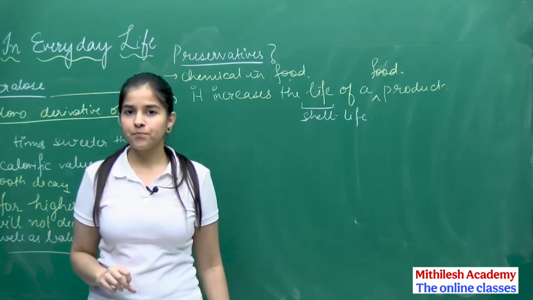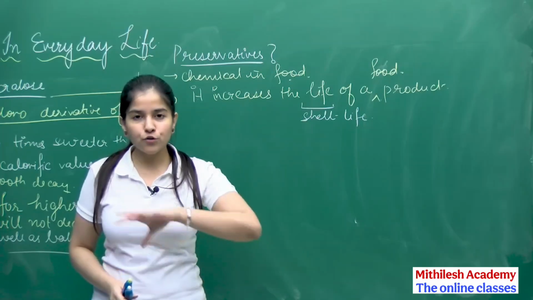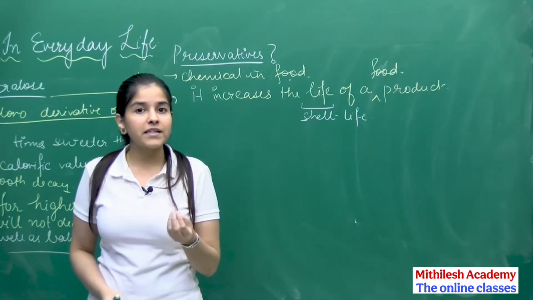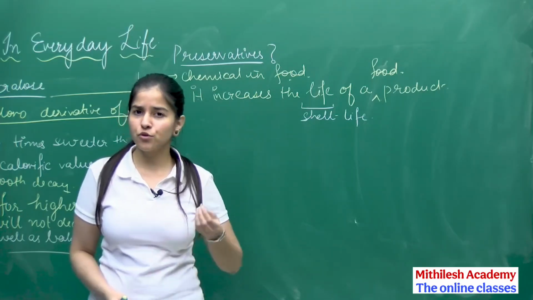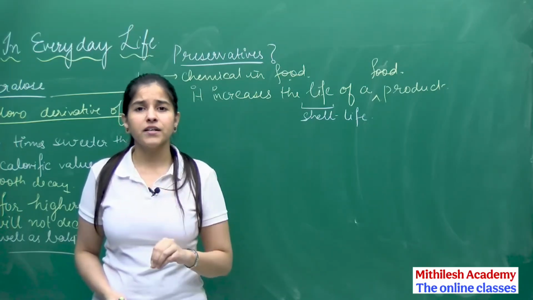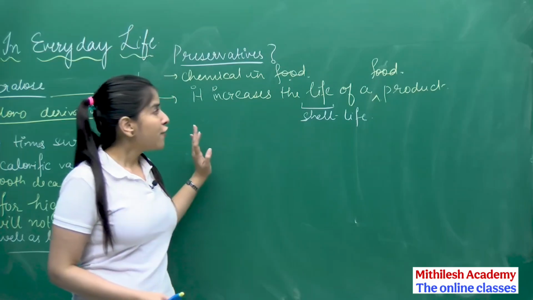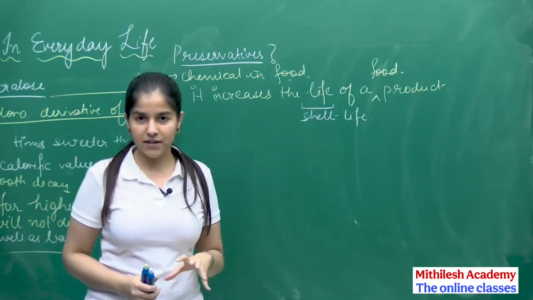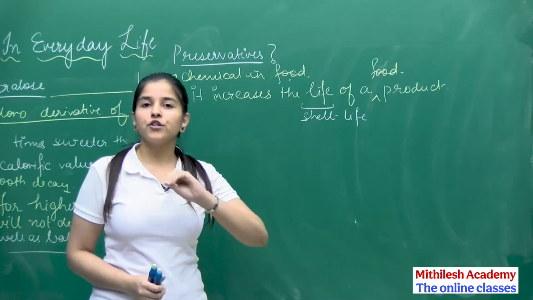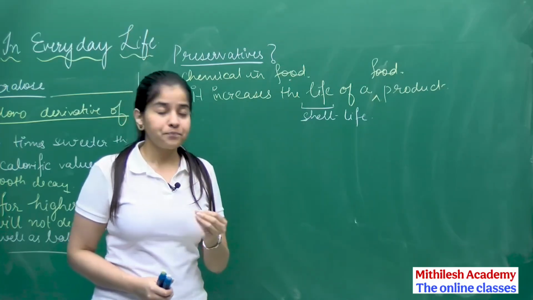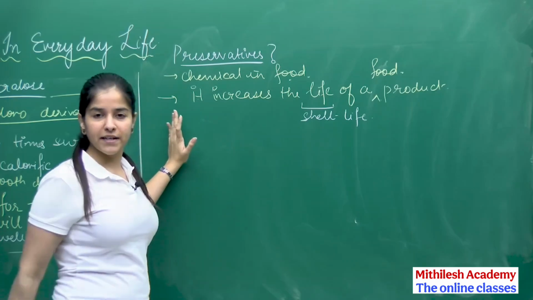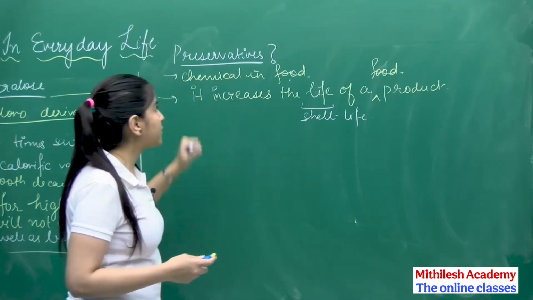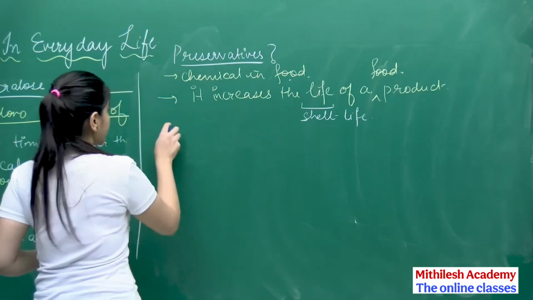So in order to prevent that growth of the microorganisms, the bacteria and fungi, onto the food materials, we add some kind of chemicals in our food which inhibit the growth of that bacteria. So basically that is the purpose of adding preservatives.